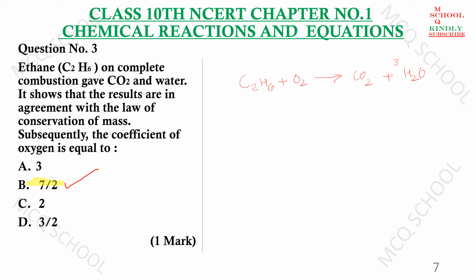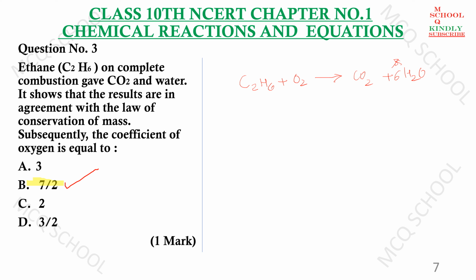If we multiply H2O by 3, then O is 3, which is an odd number. But on the left hand side O2 is 2. So we have to multiply this by 2 further so that it becomes an even number.